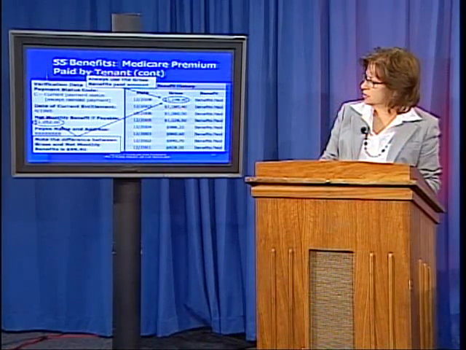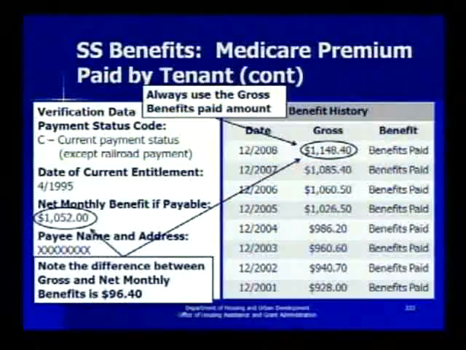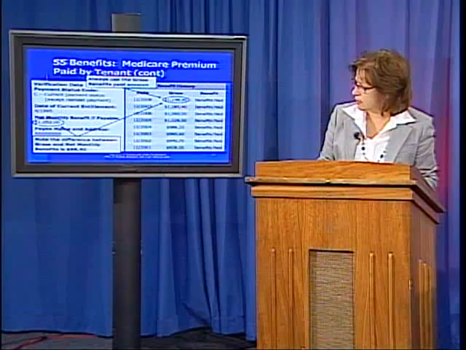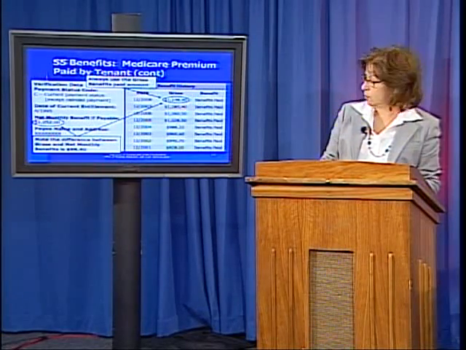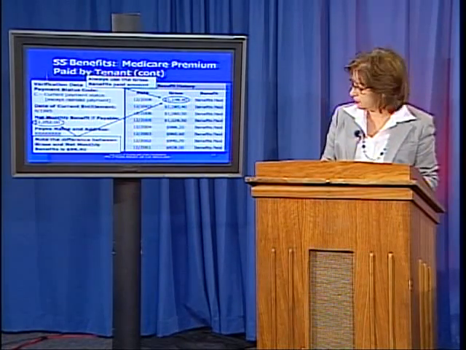Here again is just a screen of the income report reflected in EIV for Social Security. It's kind of cut and pasted from different areas, but it does show you benefit history, your gross amount of income, and then over where it speaks of the net benefits, which is the amount of the monthly payment to the tenant or recipient.